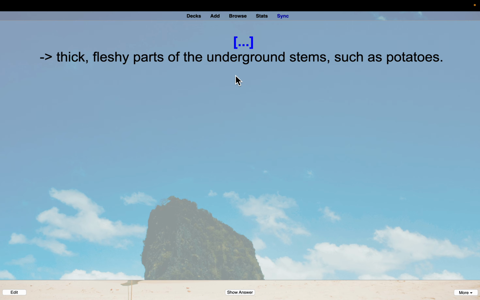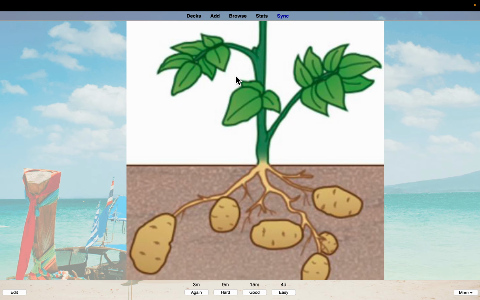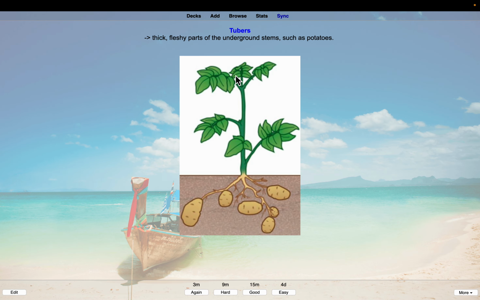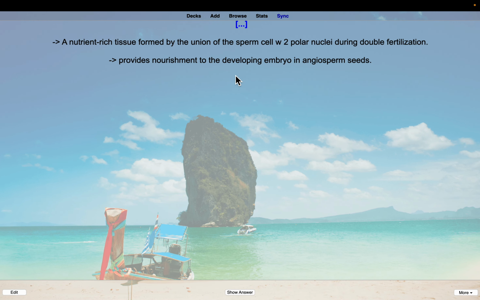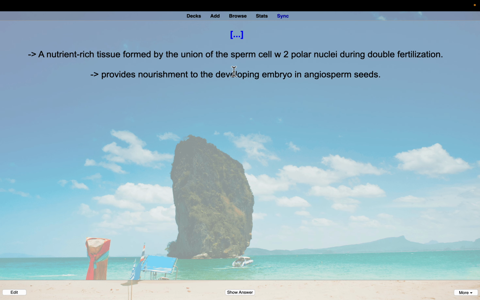Anyways, blank is the thick, fleshy parts of the underground stems, such as potatoes, tubers. Blank is a nutrient-rich tissue formed by the union of the sperm cell with two polar nuclei during double fertilization. It provides nourishment to the developing embryo in angiosperm seeds.